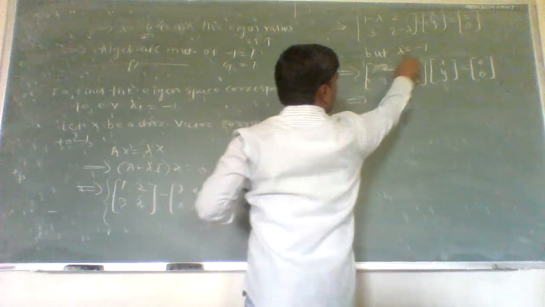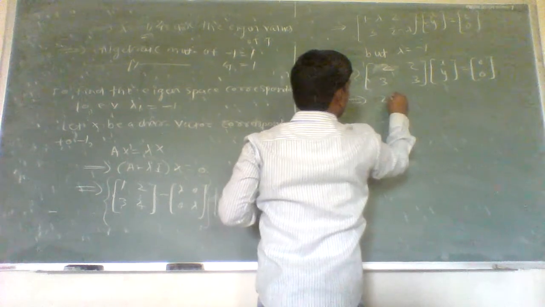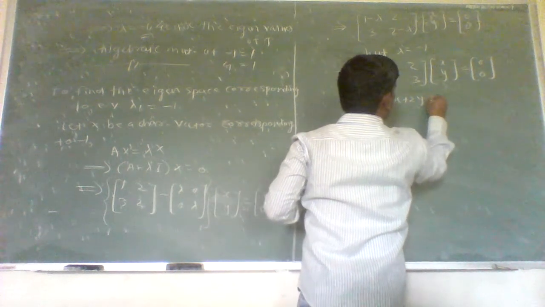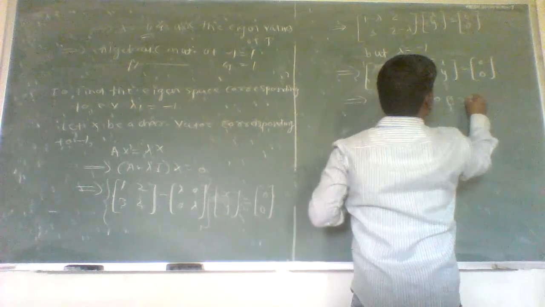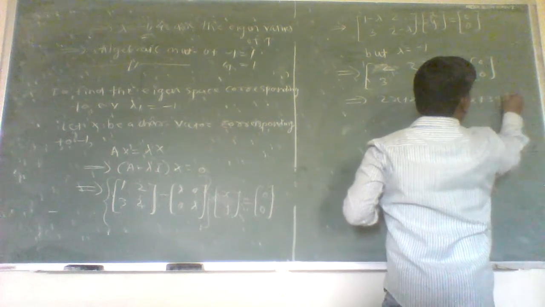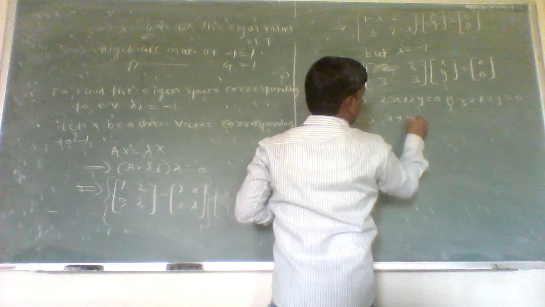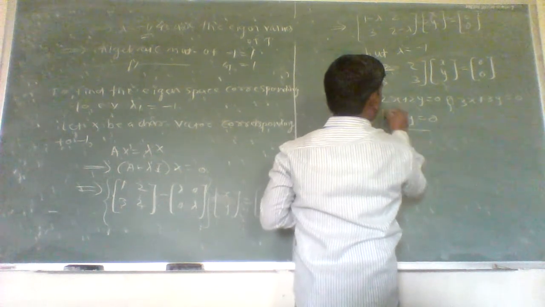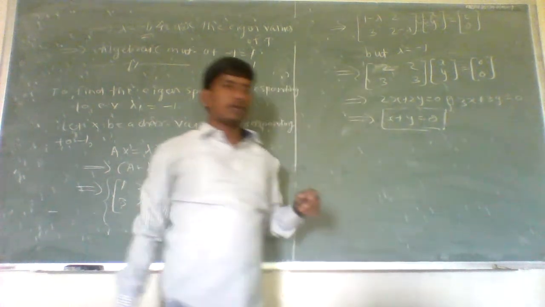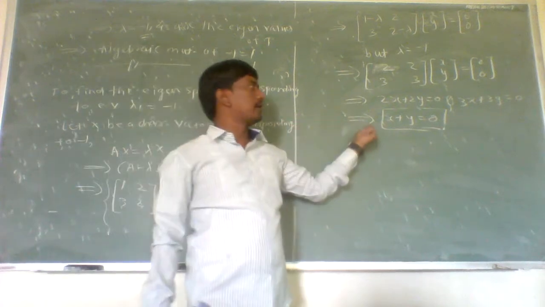This implies 2x plus 2y equal to 0, and 3x plus 3y equal to 0. Therefore, we conclude that x plus y equals 0. This is the equation from the characteristic vector.